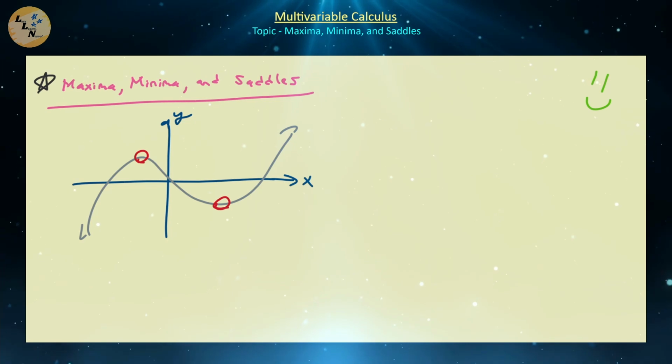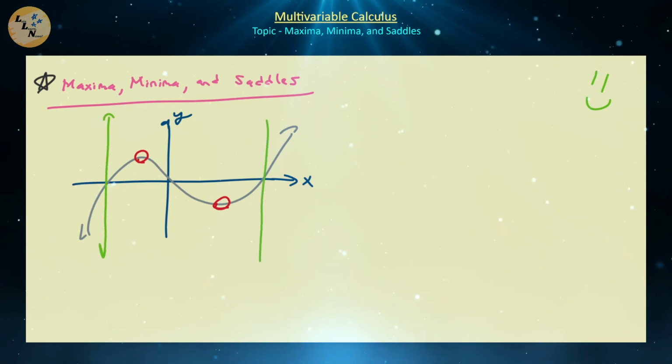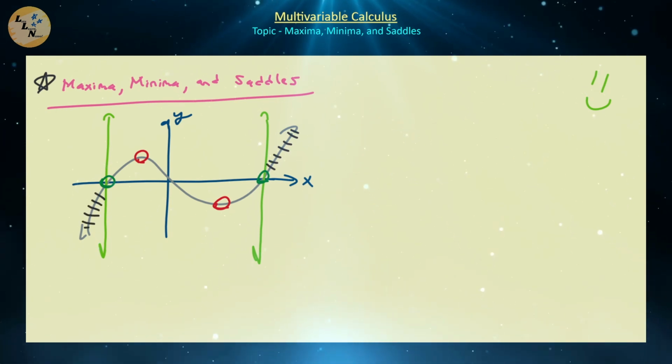If I chop this function off at a lower bound and an upper bound, then I'm going to have a local minima there and a local maxima there, where the rest of this curve is going to be infeasible for whatever reason I have decided to truncate that domain.